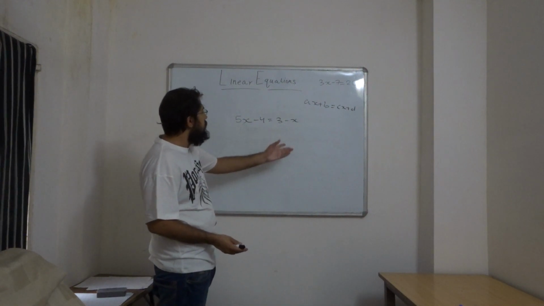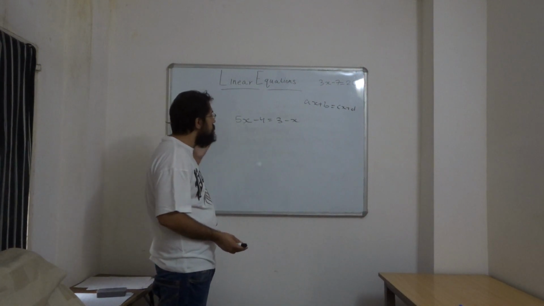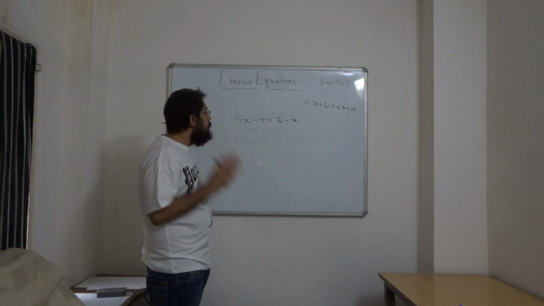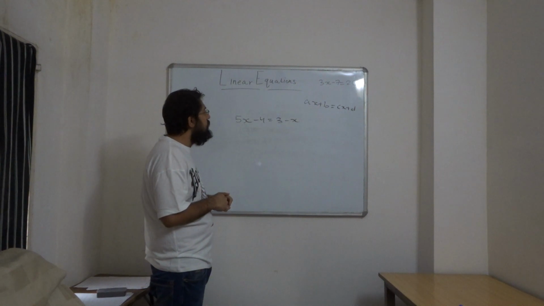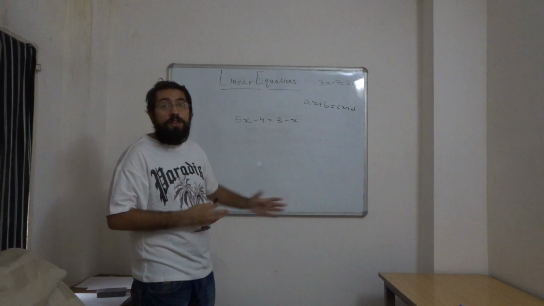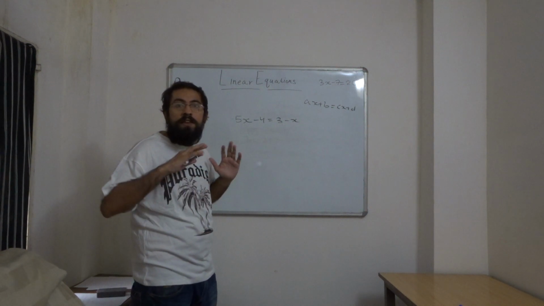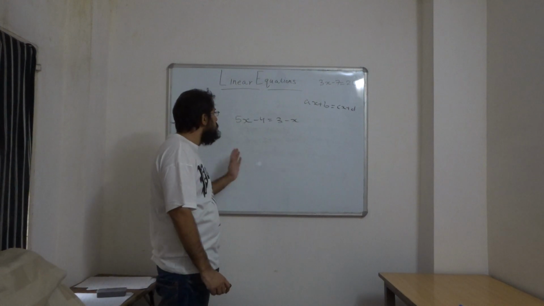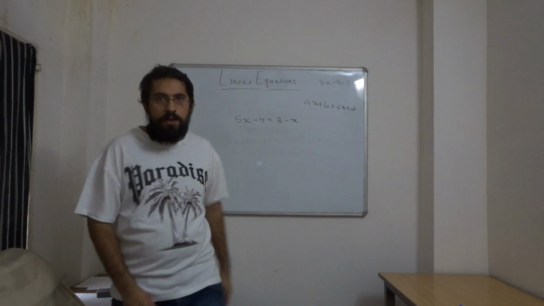You can either combine like terms by equating the whole equation to zero, or you can have the x's on one side and the constants on the other. Whichever way you do it, it doesn't really matter. But I think you should try and do it.